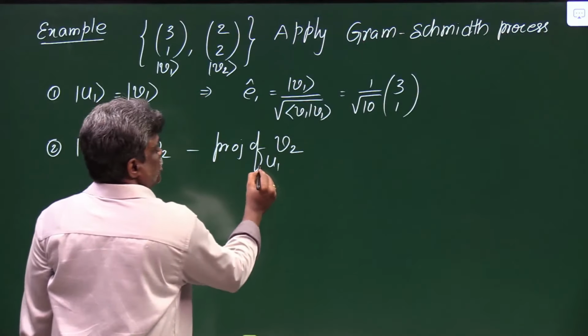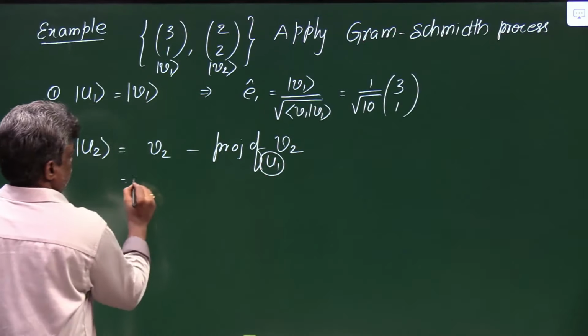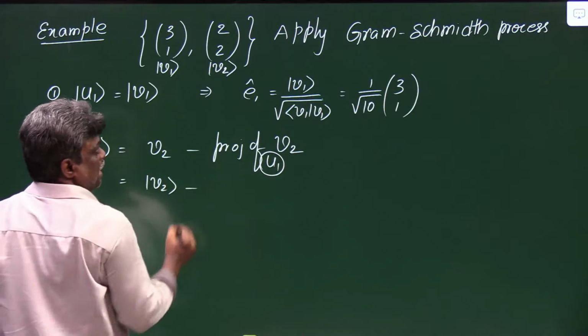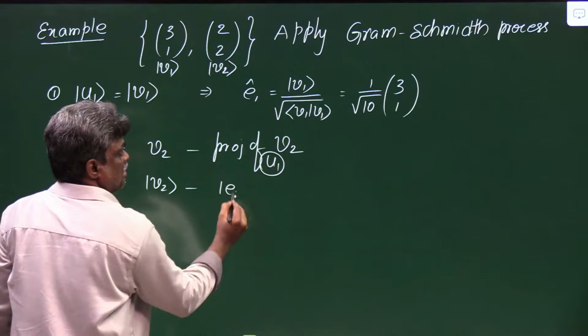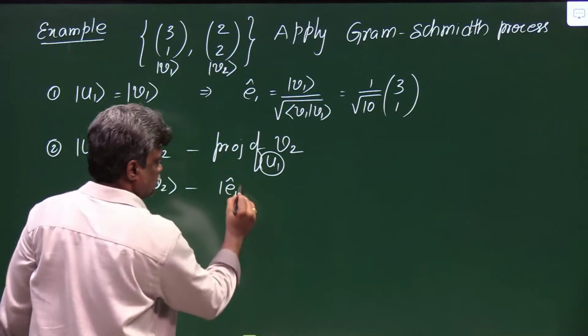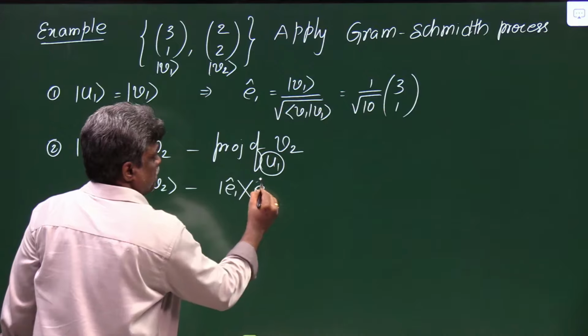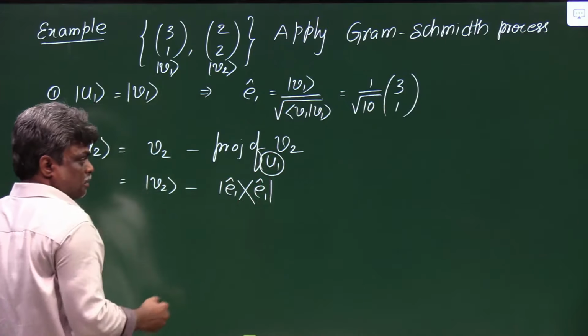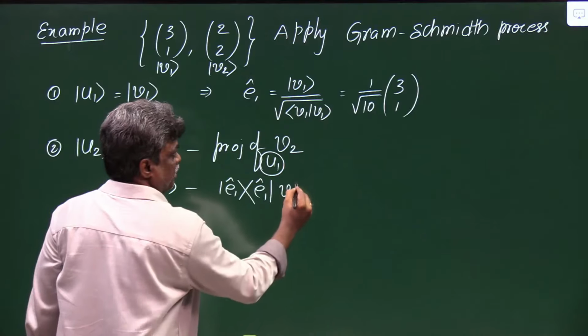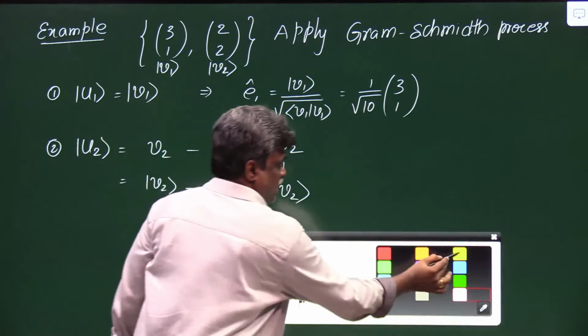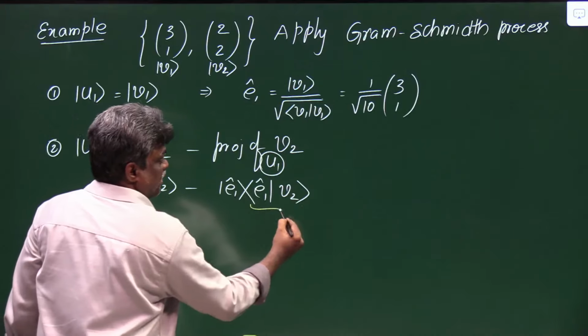So here, v2 minus the projection operator corresponding to e1 cap, which is operating on v2. And if you see carefully, here this is the inner product.